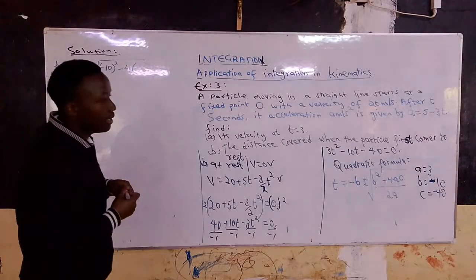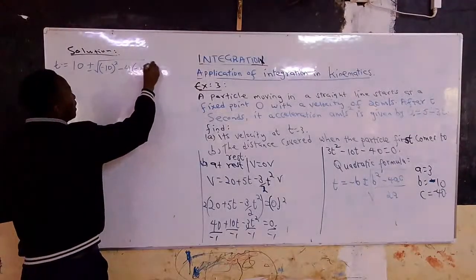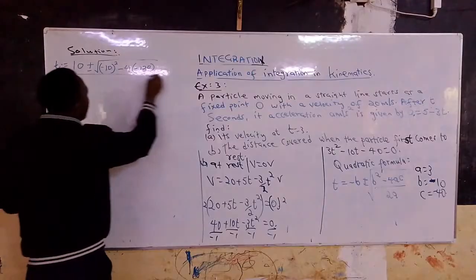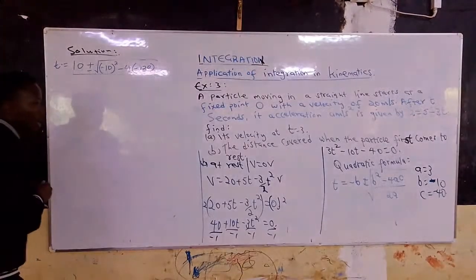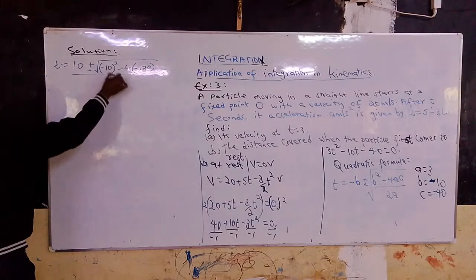A times c is 3 times negative 40, so it will be negative 120, over 2a. 2 times 3 is equal to 6.